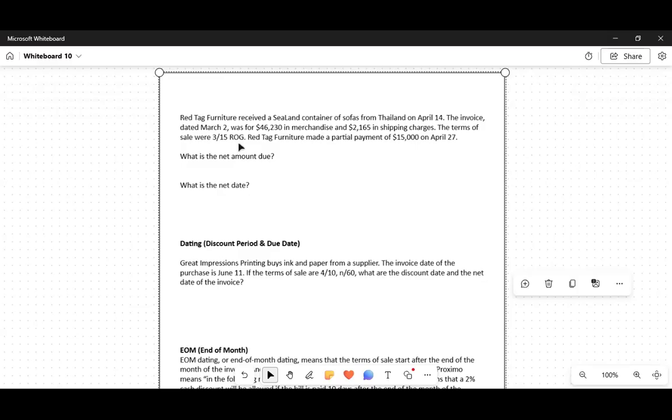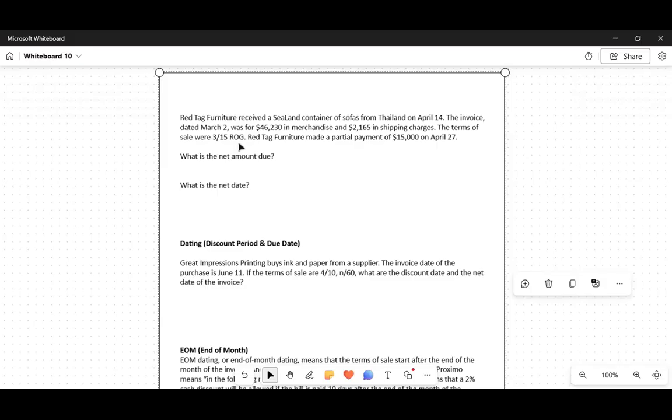So the terms ROG means that the discount period does not start until they receive the goods, which was on April 14th. So that's when the discount period starts. Otherwise, they wouldn't get any discount, right? Because 15 days was long gone based off of the invoice date, March 2nd.